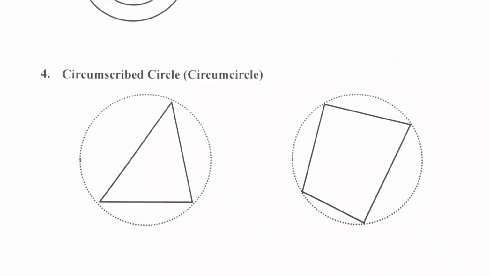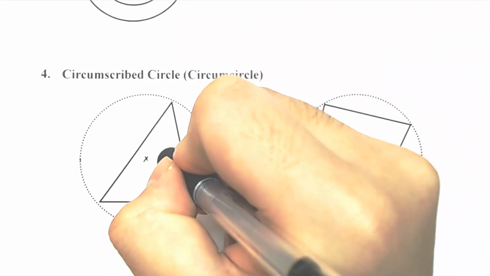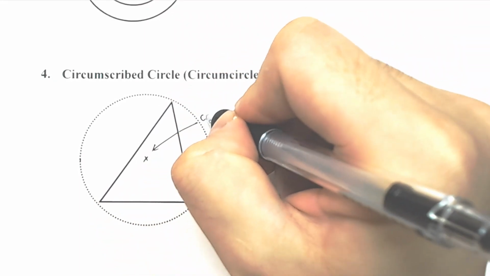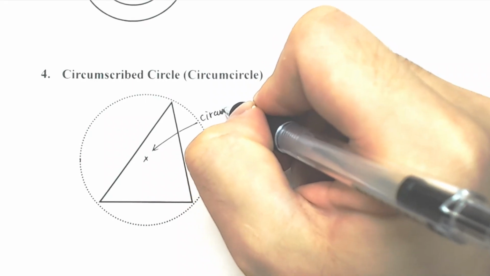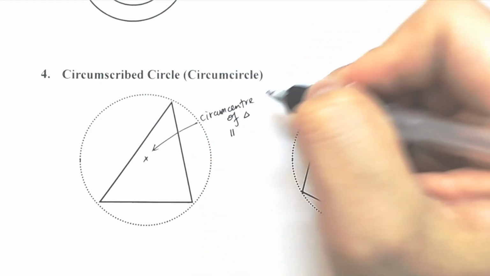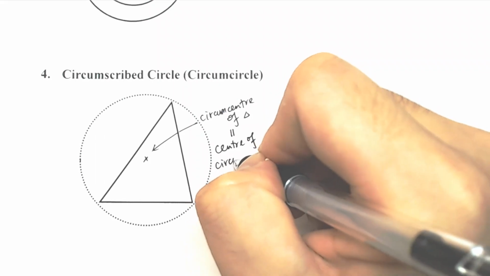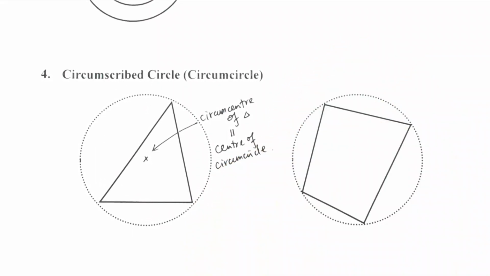And you have learned in Form 3 that the circumcenter of triangle is actually the center of the circumcircle. Okay, and in any triangle, it must have the circumcenter. So for any triangle, there must be a circle which can pass through all vertices of a triangle.